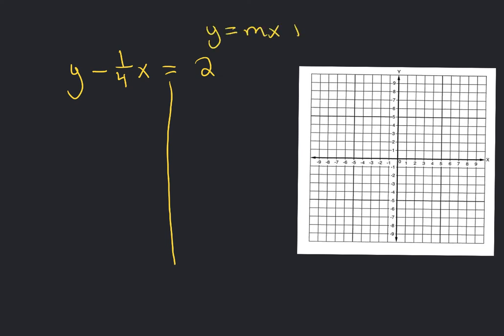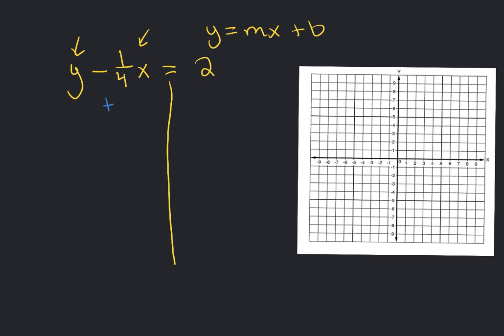Okay, our next example, y minus 1/4 x equals 2. We want it in the form y equals mx plus b. So I want y by itself, so I need to move this term over.